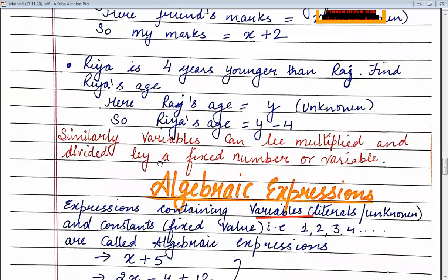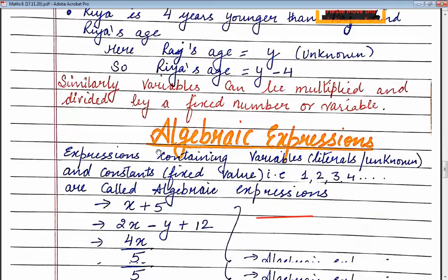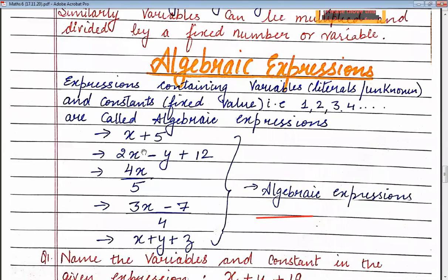So, let's have a look at a few algebraic expressions. Number 1, x plus 5. Now children, can you figure out in this which one is variable and which one is constant? Yes, you are right.